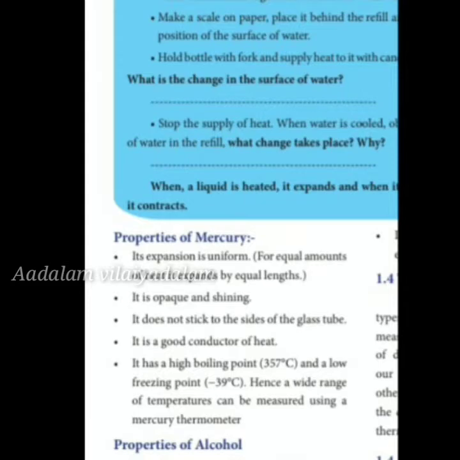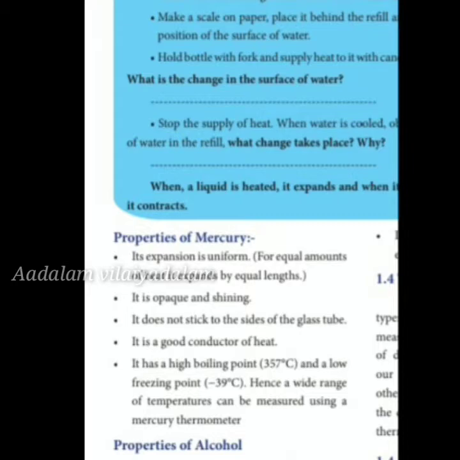It is a good conductor of heat. It has a high boiling point. The level can increase till 357 degrees Celsius, and its low freezing point, the minimum point, is minus 39 degrees C. Hence, a wide range of temperatures can be measured using a mercury thermometer.